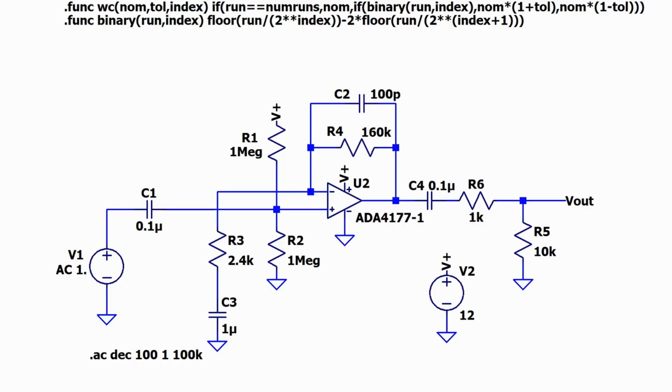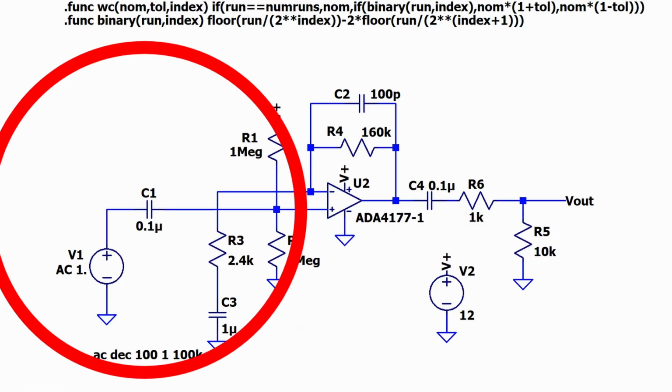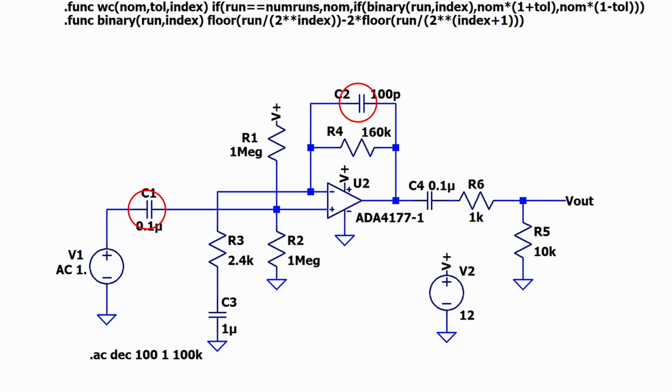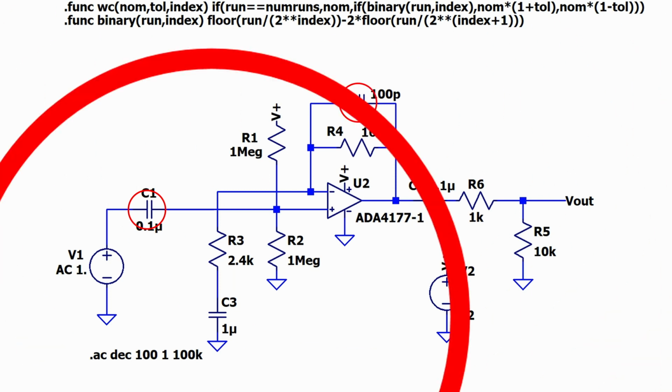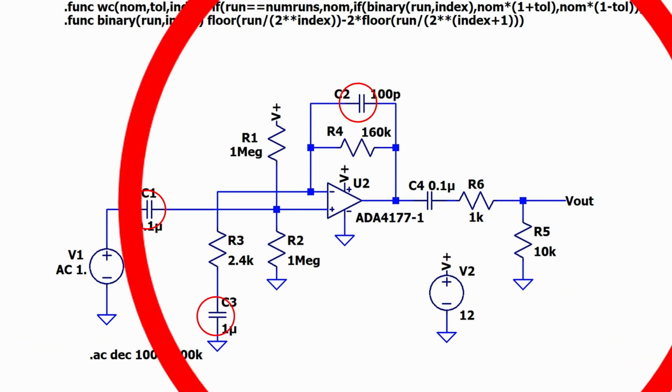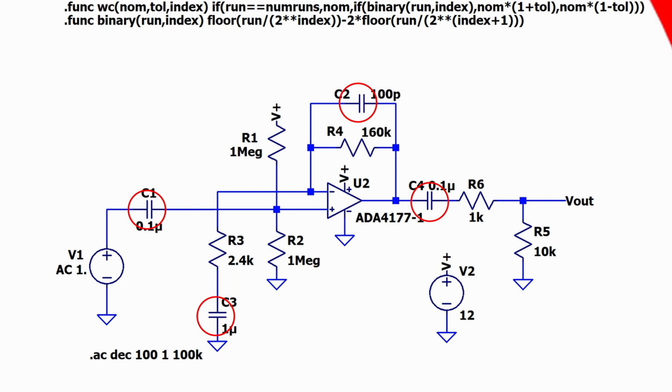With these in place, we have to determine the components that we're going to be stepping. Well, in the case of my example, C1, C2, C3, C4, R3, R4, and R6 all affect the overall frequency response of the circuit.